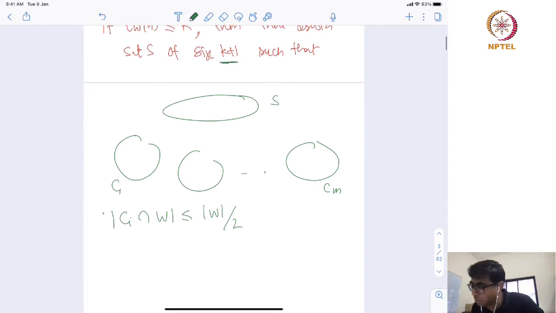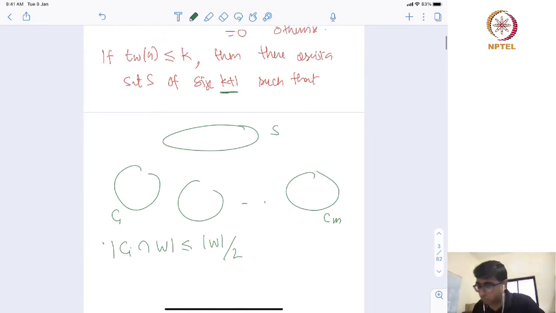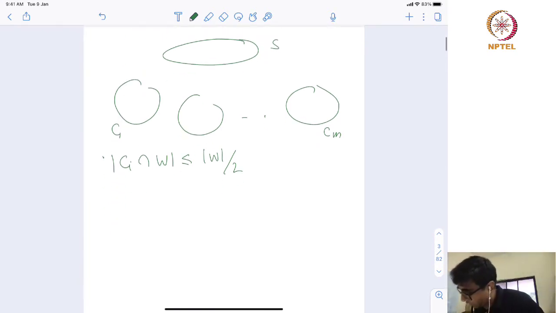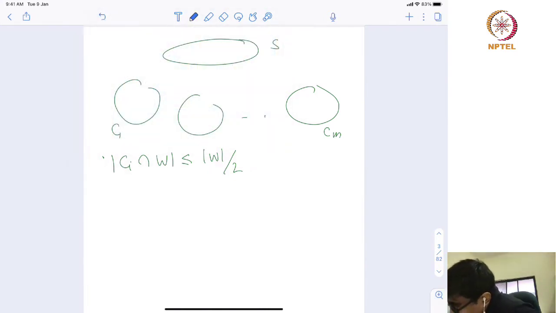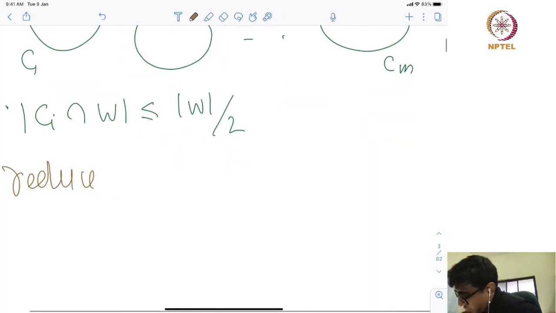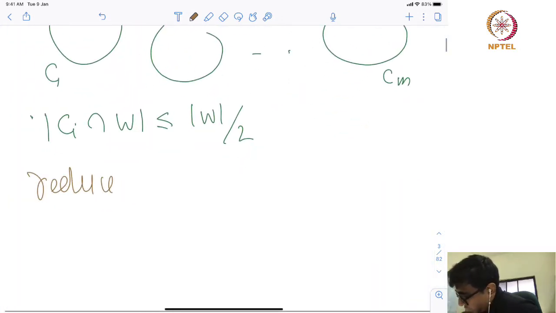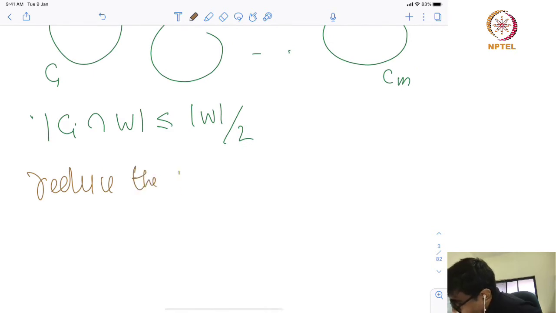Now, we did not know how to prove this algorithmically, but we observed something interesting. This is the place where we try to reduce the problem to S-T separator.